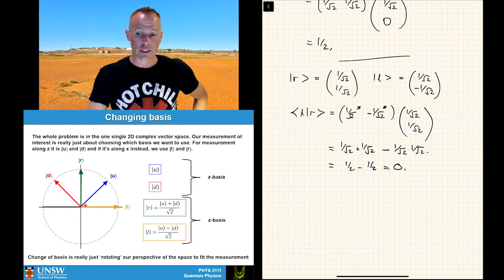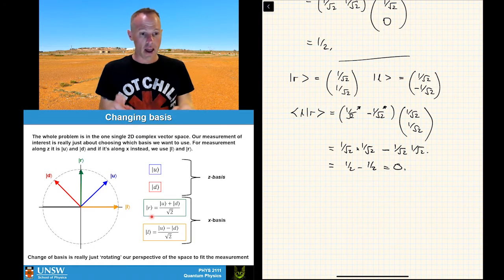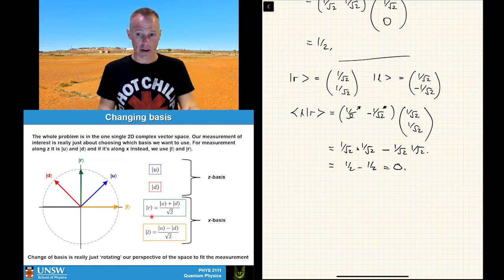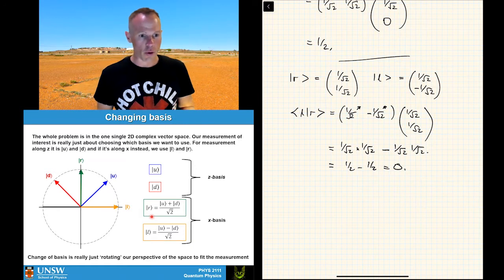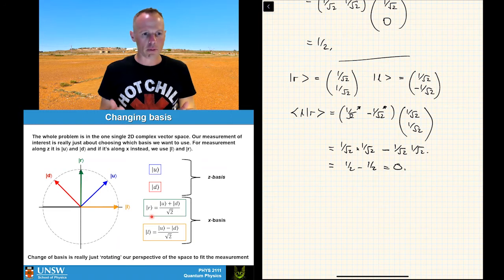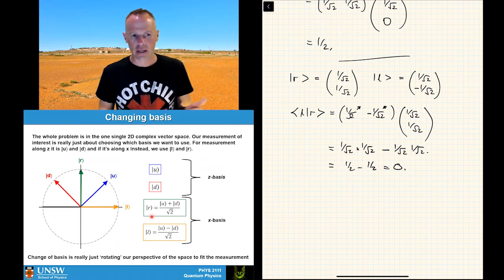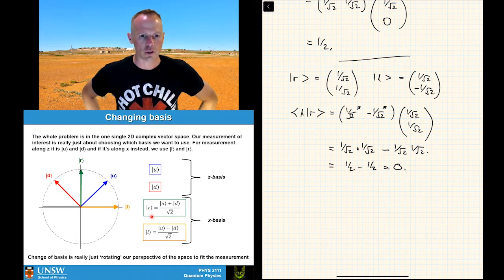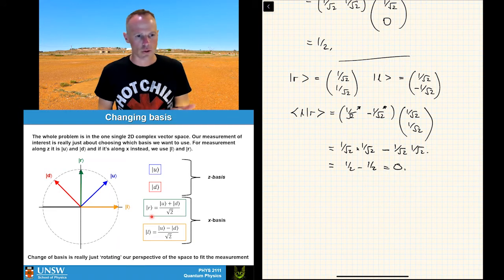The other way to do it is just to take these two basis vectors and rearrange them so that you've got up with left and right and down with left and right in it, okay? I'm going to encourage you to do both because, again, whether it's physics or maths or whatever, the more problems you do for yourself, the better you get at the subject. And so if you can do both ways of solving that problem, then you'll understand the problem a little bit better than if you just do one of them, okay? So I'm going to let you do that for yourself.